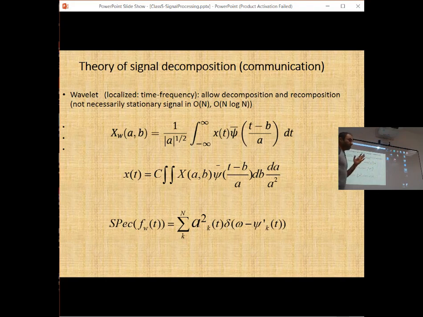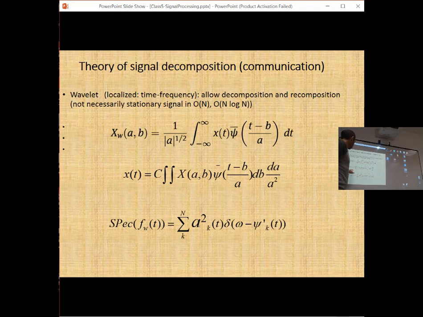What is interesting, and when you do this, it's equivalent to having a bank of filters, which I will explain a little bit, that, for example, look at the function and approximate it according to, let's say, I want the frequency between 0 and 2, between 2 and 4, between 4 and 8, between 8 and 16. So it's a way to approximate a function by keeping components with a given range of frequency, which is interesting. So this is a wavelet coefficient.